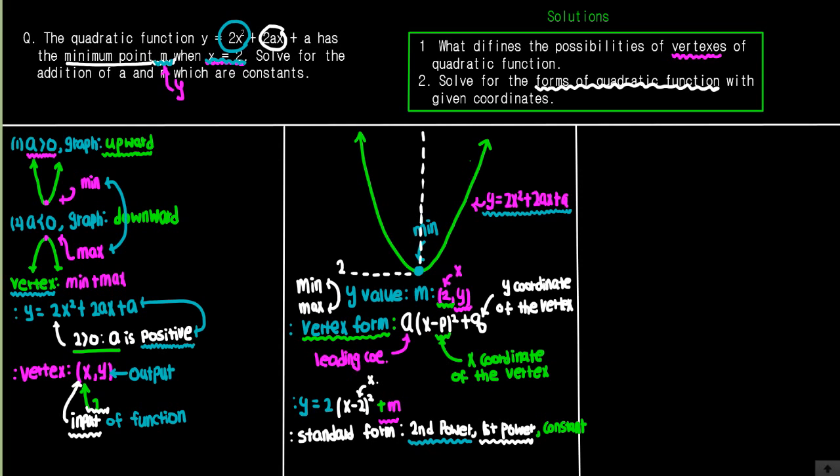And for the constant, the definition of the constant in the quadratic function or any kind of function is that it stands for the integers with no variables.